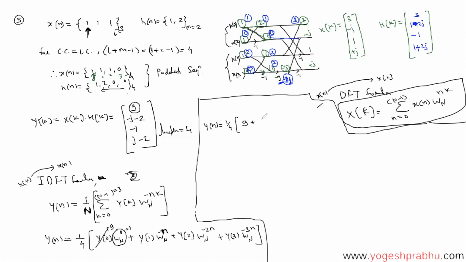And then the next term, Y[1], will be negative j negative 2, times W_N raised to negative n. Minus, this is minus 1, times W_N to the negative 2n. And then plus j minus 2 times W_N to the 3n.